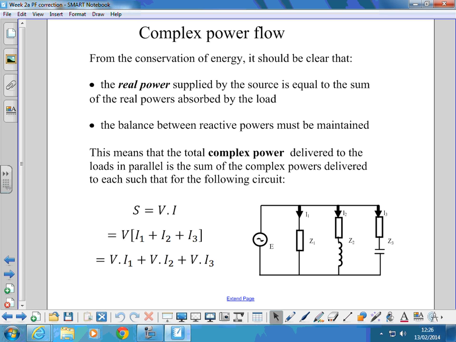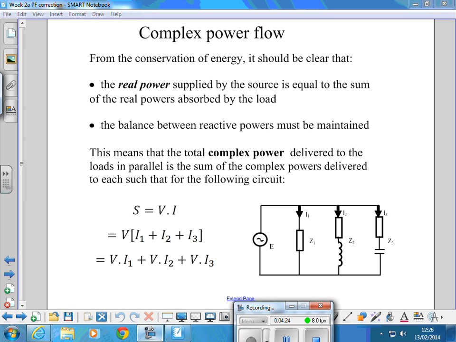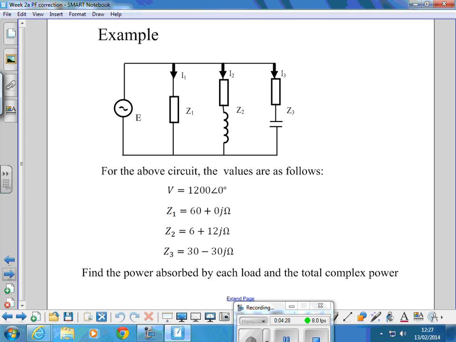Therefore, we need to do some complex calculations here. So, for the above circuit, there are 2 ways we can express a complex quantity, and I hope Mark talked about this last week. There are examples of both here.